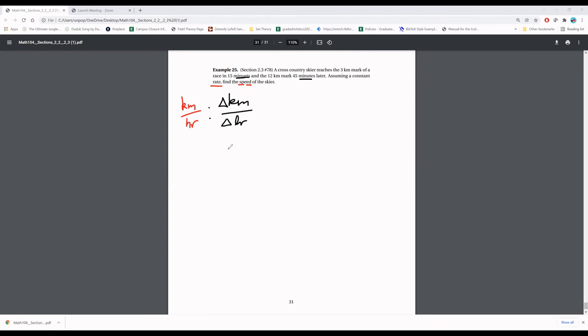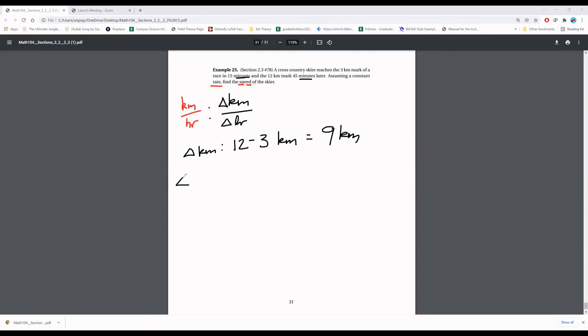So what is the change in our distance? We started at the 3-kilometer mark and then passed the 12-kilometer mark. So our change in distance was 12 minus 3 kilometers. So 9. So that is our change in kilometers.